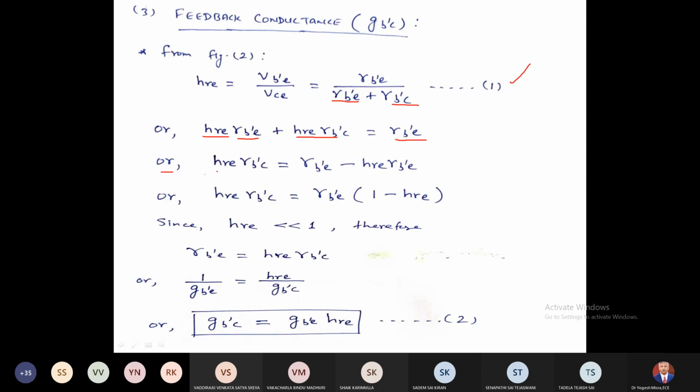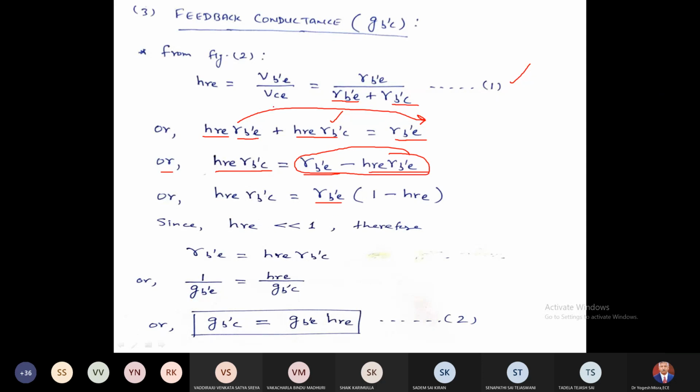Or I will bring this term to this side: HRE into RB'C is equal to RB'E minus HRE RB'E. So this term I brought this side. RB'E common.